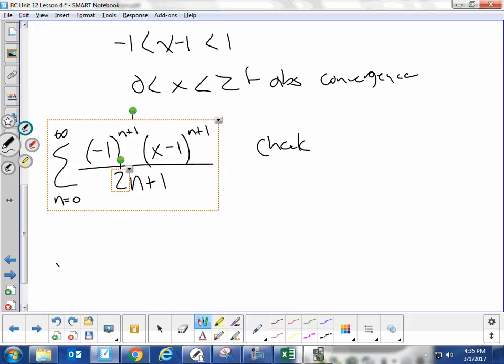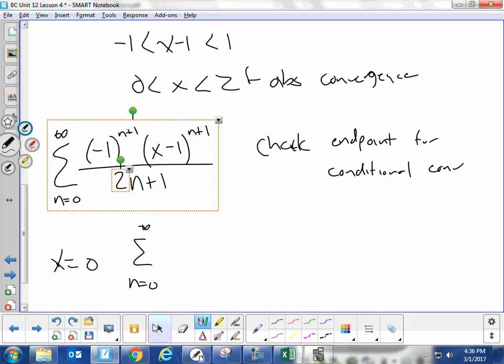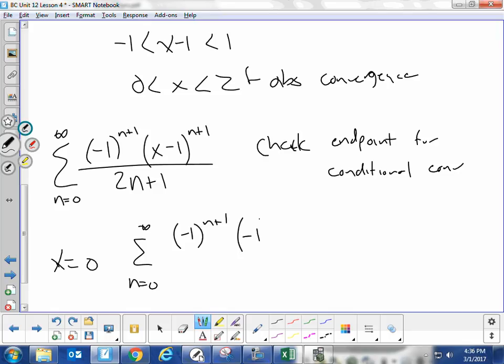Check endpoints for conditional convergence, which is still converging. So x equals 0. I get the sum, n starts at 0 to infinity, of (-1)^(n+1) times (-1)^(n+1) over 2n plus 1.